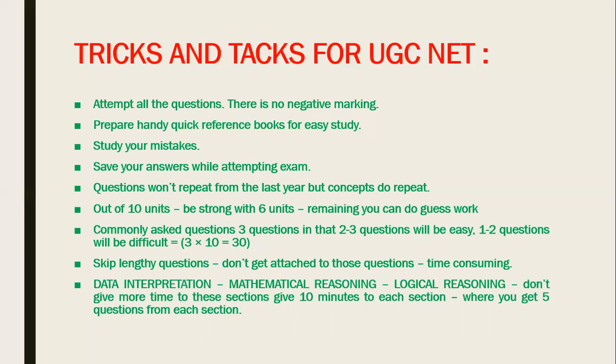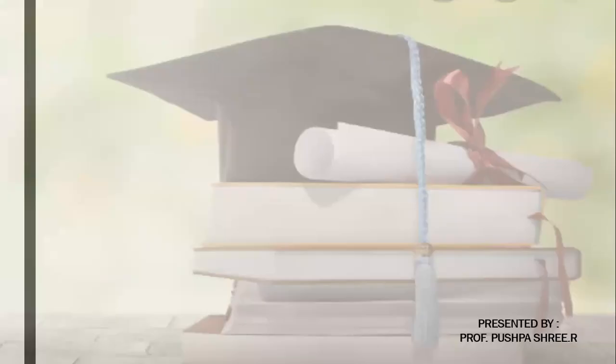Every section has 5 questions, so 5 questions in 10 minutes means 2 minutes for a particular question, so you can do these 3 sections very quickly. You cannot spend more time on these 3 sections because they consume a huge amount of students' time.